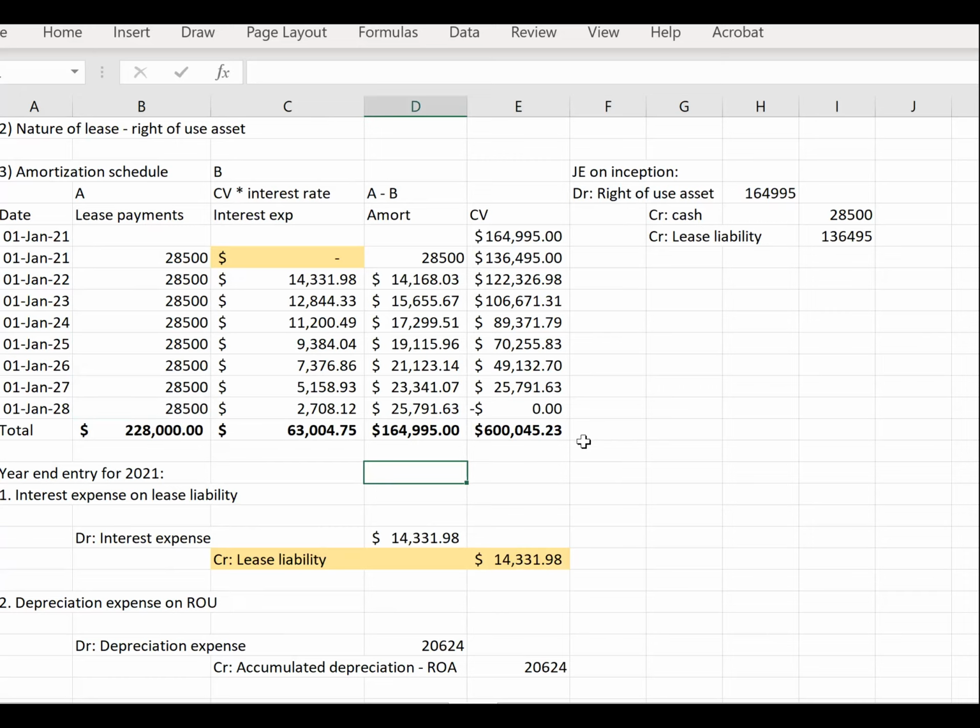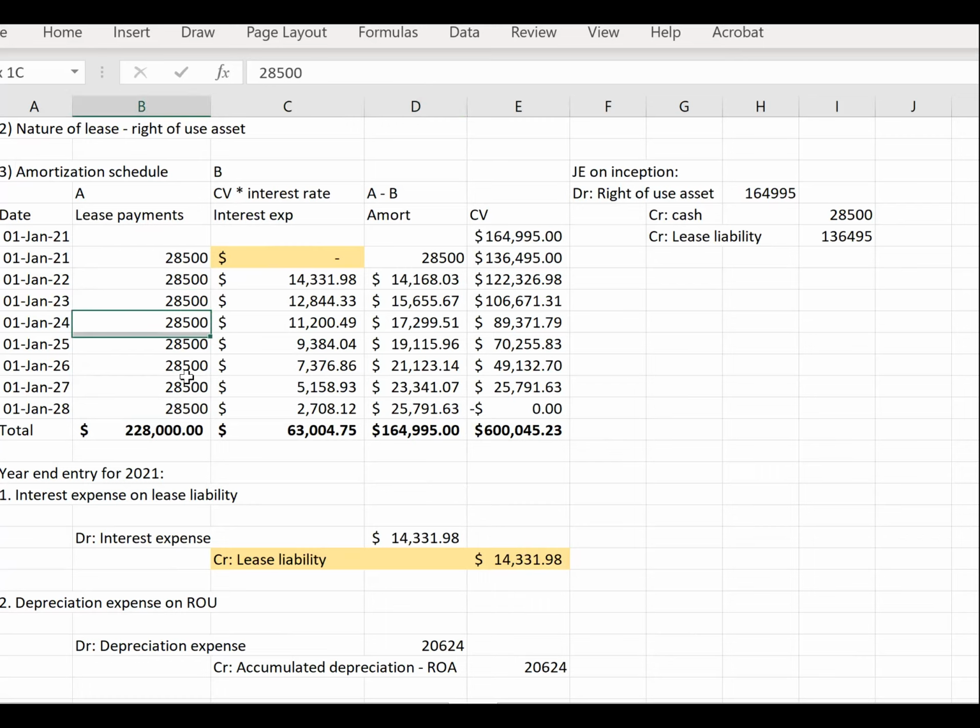So our non-current lease liability should be all the payments other than the one we're making here. So we're recording here the payment that we're making in 2022. So here we've got 164, 28,500.